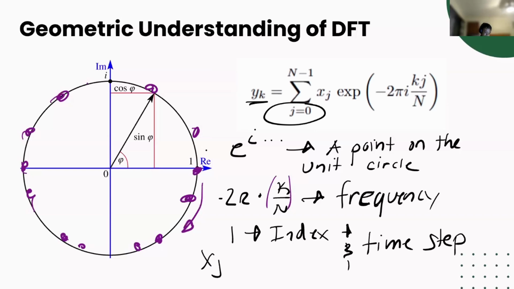So if I write here, xj, what this is doing is scaling these points in accordance with the original graph. So it acts like it's winding the function around this unit circle.